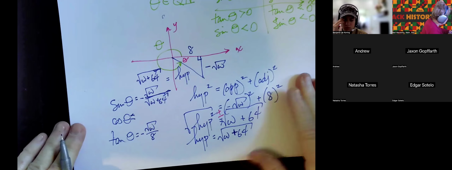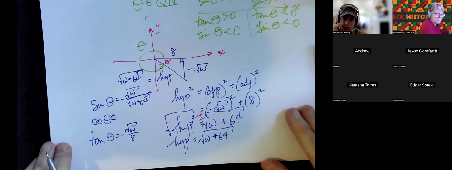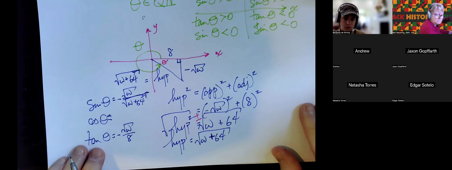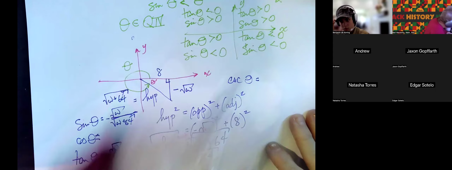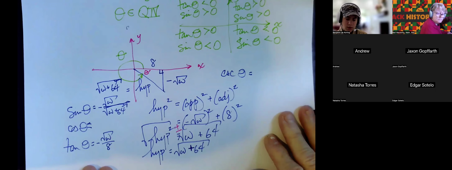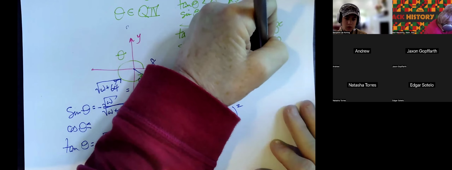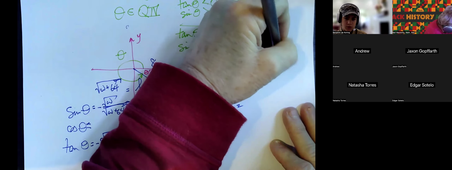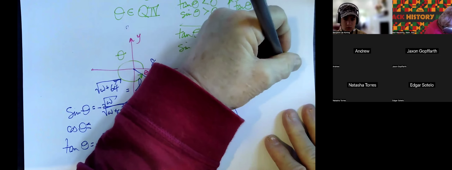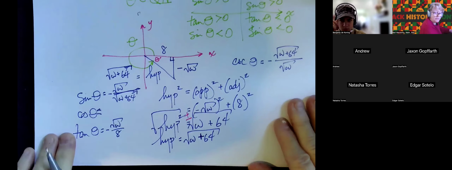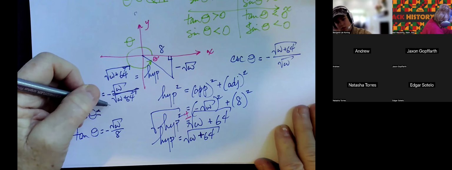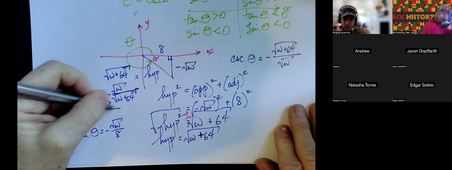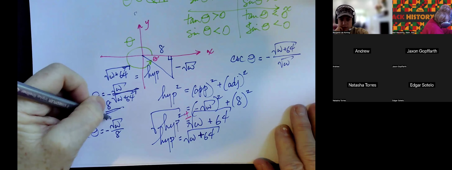That means that what do we know if we know the sine? That we know the cosecant. Good. That means that the cosecant of theta is square root of w plus 64 over square root of w. We know that the cosine is going to be 8 over the square root of w plus 64.